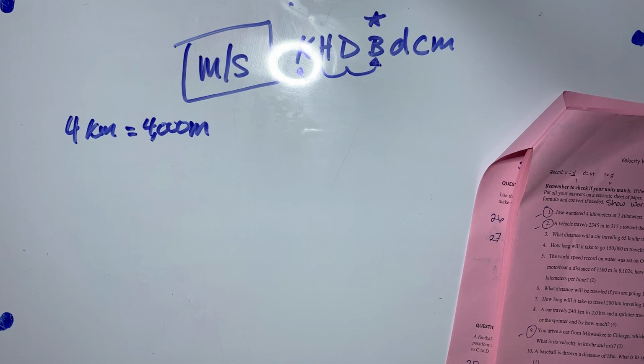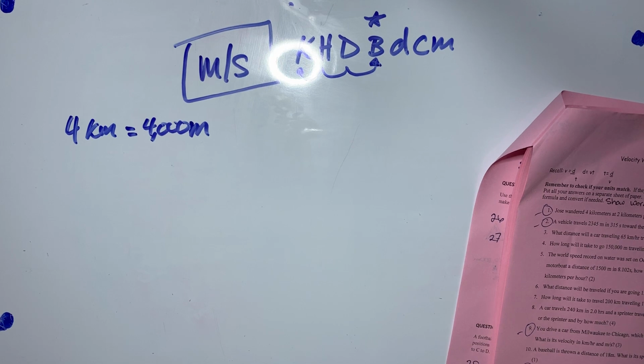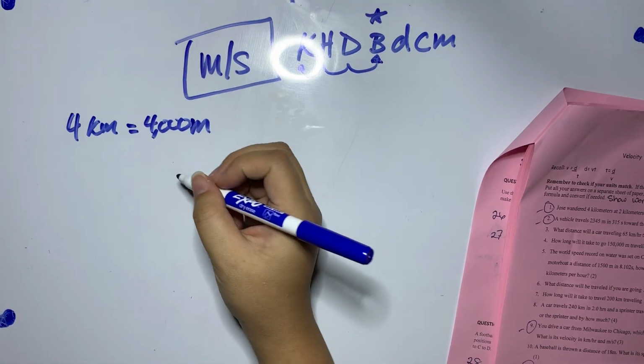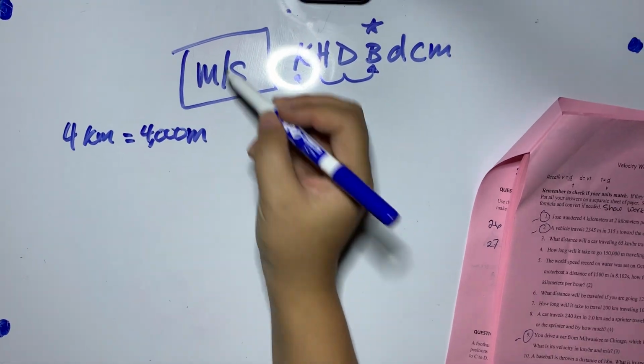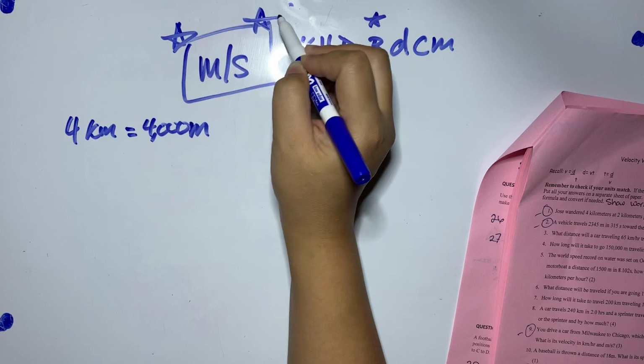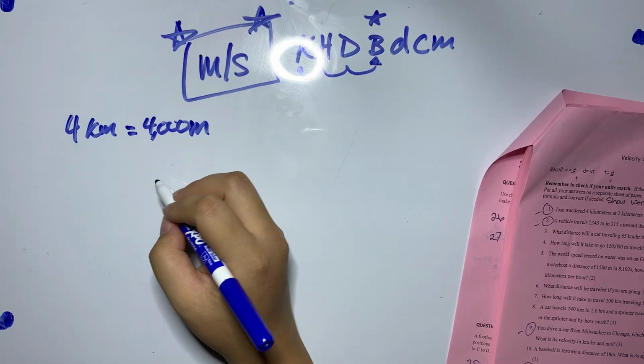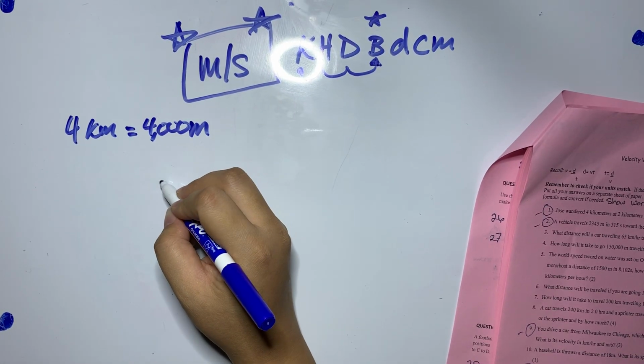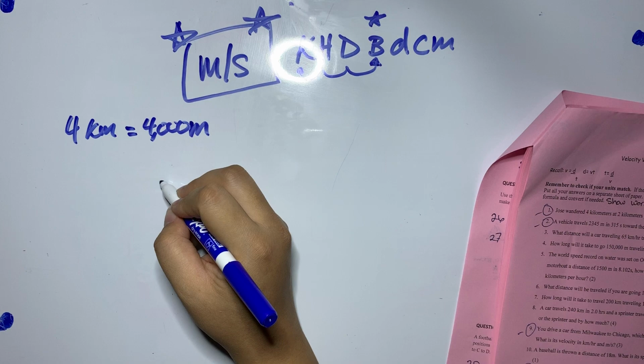So, notice how number 1 also says 2 kilometers per hour. Okay, we're just gonna keep the per hour this time, just because that's what they gave me. But remember, everything's gonna be meters per second. Okay, so they gave me 2 kilometers per hour. You know what?